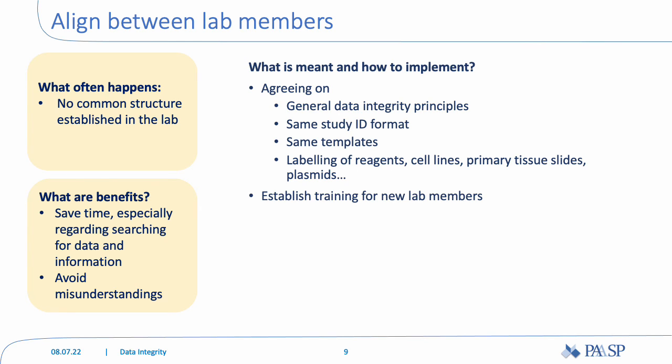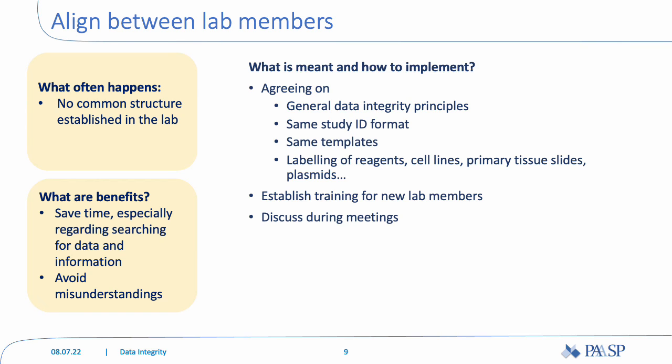To achieve such alignment, it is very important to establish a training for new lab members, because only if they have direct guidance from day one and integrate it in their work procedures, such an approach makes sense. Maintaining and improving such alignment can be supported by dedicating a few minutes of regular meetings to this topic.